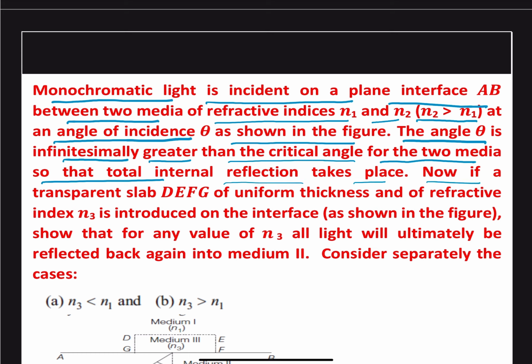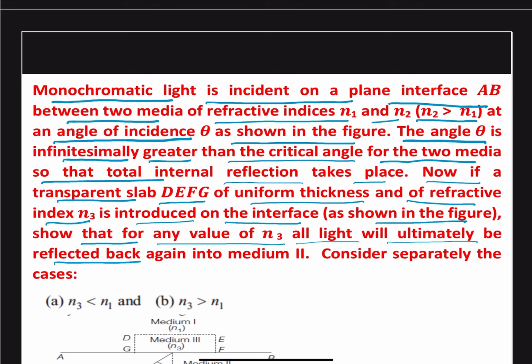Now, if a transparent slab DEFG of uniform thickness and of refractive index n3 is introduced on the interface as shown in the figure, show that for any value of n3, all light will ultimately be reflected back again into medium 2.